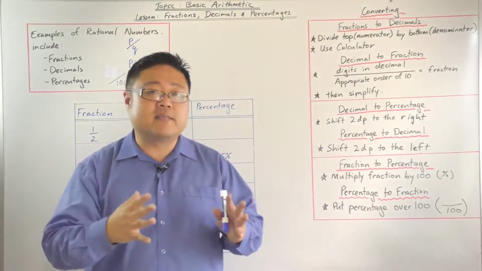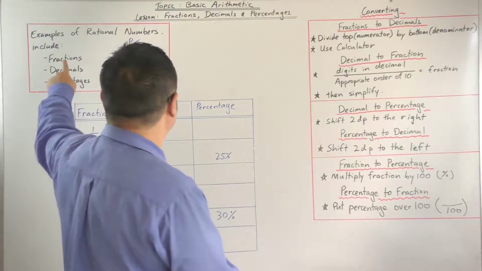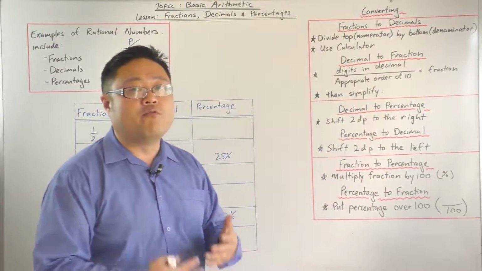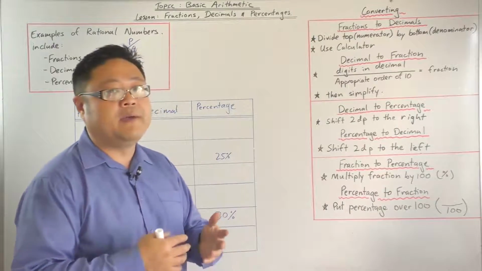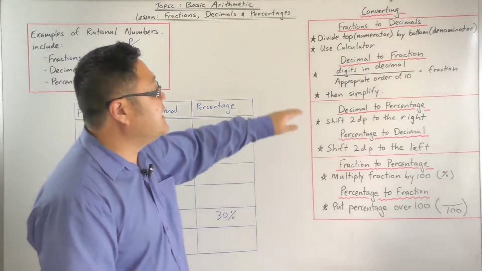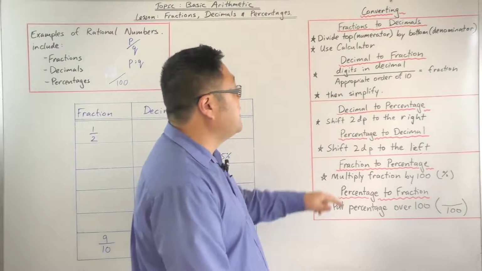Now, the thing that we need to know is how to convert between fractions, decimals, and percentages, and I've got my roadmap or conversion strategies for how to do that. Let's have a look at fractions to decimals. How do you convert fractions to decimals?